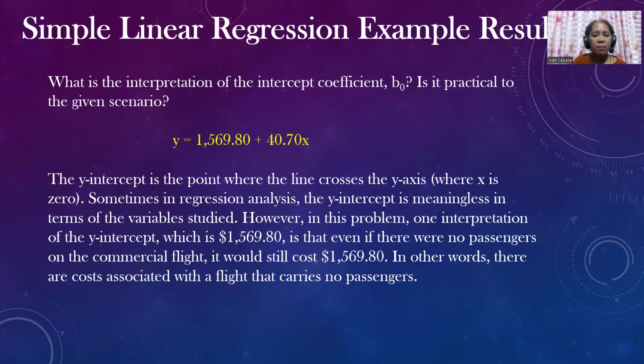However, in this problem, one interpretation of the y-intercept, $1,569.80, is that even if there were no passengers on the commercial flight, it would still cost $1,569.80. In other words, there are costs associated with a flight that carries no passengers.